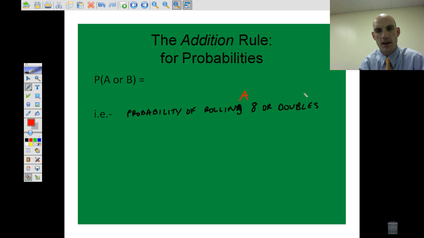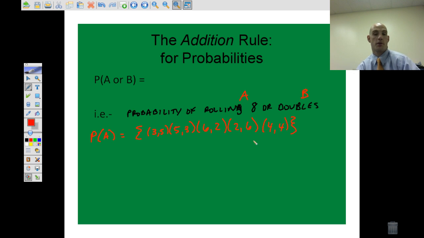Rolling 8 is going to be A, doubles is going to be B. The probability of A happening is going to be listed by the sample space here. We can roll an 8 in a couple of different ways. We could have 3 and 5, 5 and 3, 6 and 2, 2 and 6, or we could have 4 and 4. Right? Those are the ways we can roll an 8.